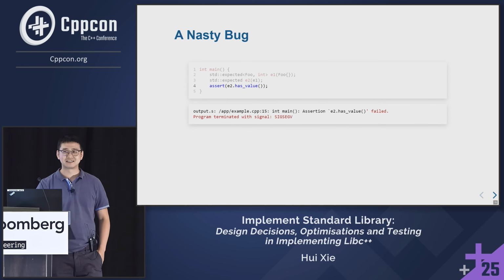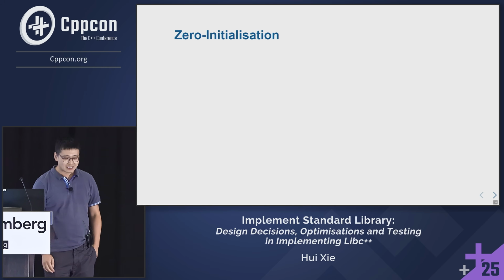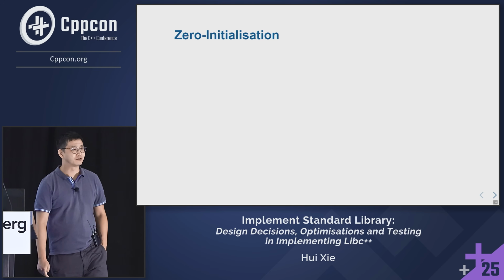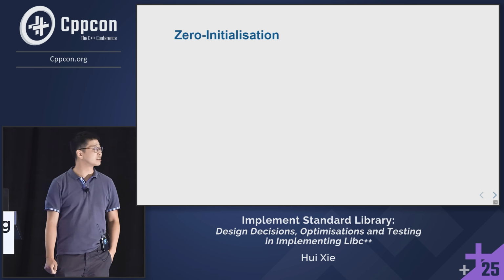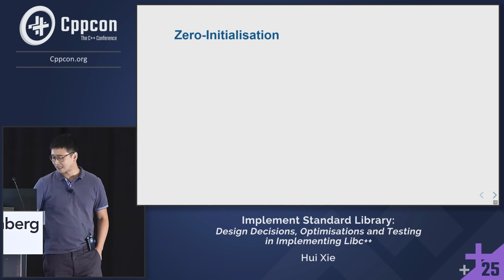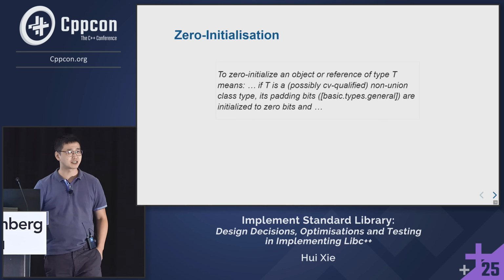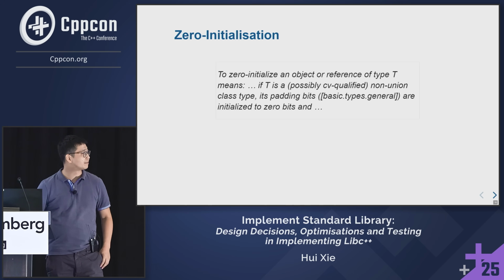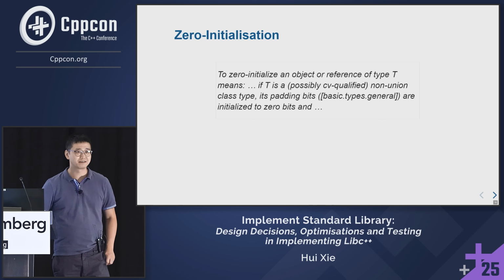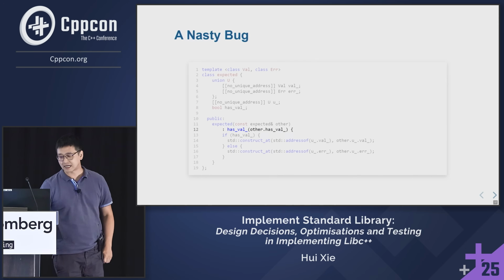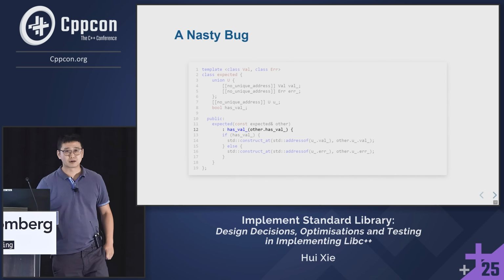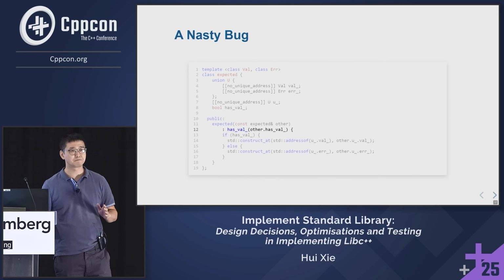Exactly. So the bug boils down to the rule of C++ zero initialization. The standard says during zero initialization, all the padding bits are zeroed. And this is exactly what happened. We first initialize our Boolean, which is true in this case.